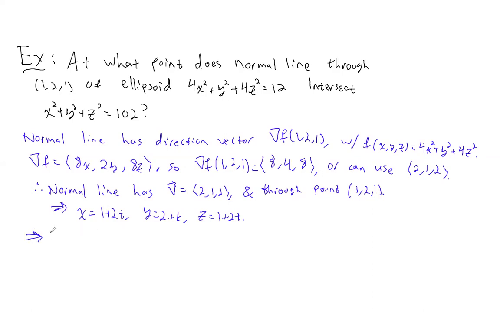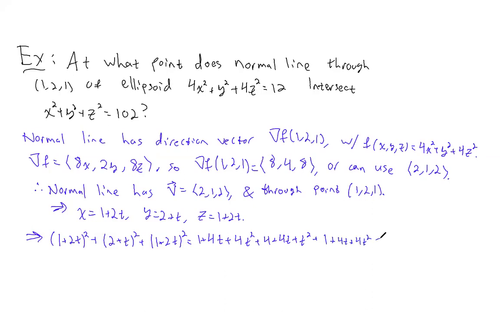So this gives us (1 plus 2t) squared plus (2 plus t) squared plus (1 plus 2t) squared. You undo all of that, that becomes 1 plus 4t plus 4t squared plus 4 plus 4t plus t squared plus 1 plus 4t plus 4t squared.